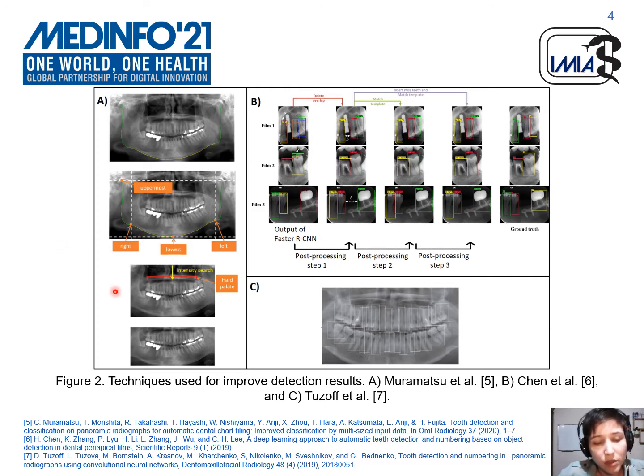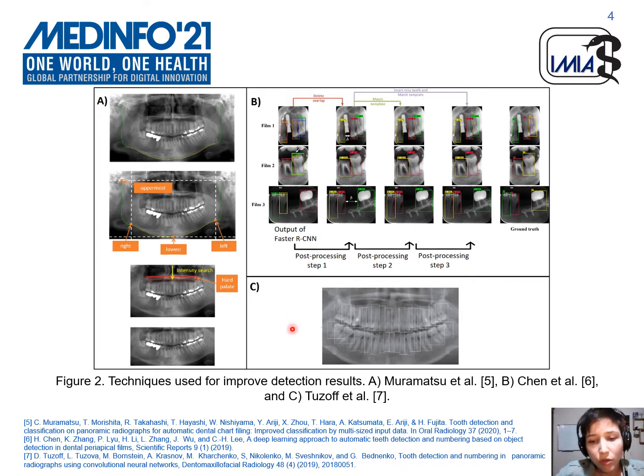One of them is the work presented by Murad Matsu, in which they use a preprocessing technique to automatically detect the mouth gap in panoramic images in order to reduce the search area. Meanwhile, in the work presented by Chen and others, they use 3 post-processing techniques in order to improve the detection results in periapical images using the faster RCNN architecture.